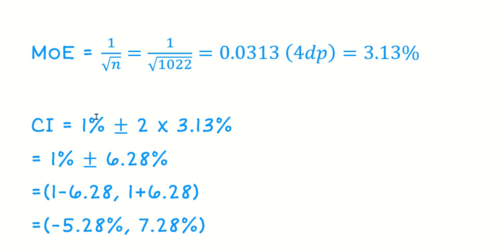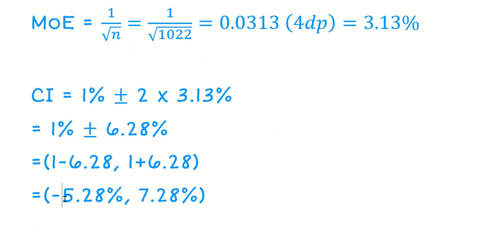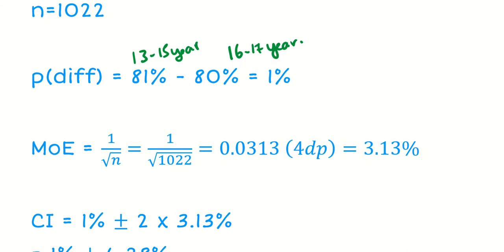Now if I had done it the other way around, so if I'd done my 13 to 15-year-olds second, then I would have a negative number here, and then these values would be negative, but the opposite way around. So which one's negative and positive just depends on the order that you subtracted. So what I now need to think about is, to get to that 1%, which one was bigger?